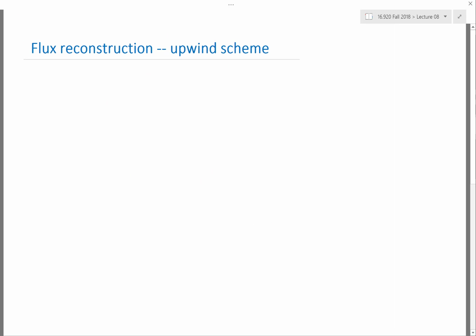So let me just say a little bit about the upwinding scheme. Basically, by doing a piecewise constant interpolation, we are reverting back to a first order scheme, right? So if I actually have a smooth solution, using upwinding basically gets me back to first order. That's actually not what I want in smooth regions.